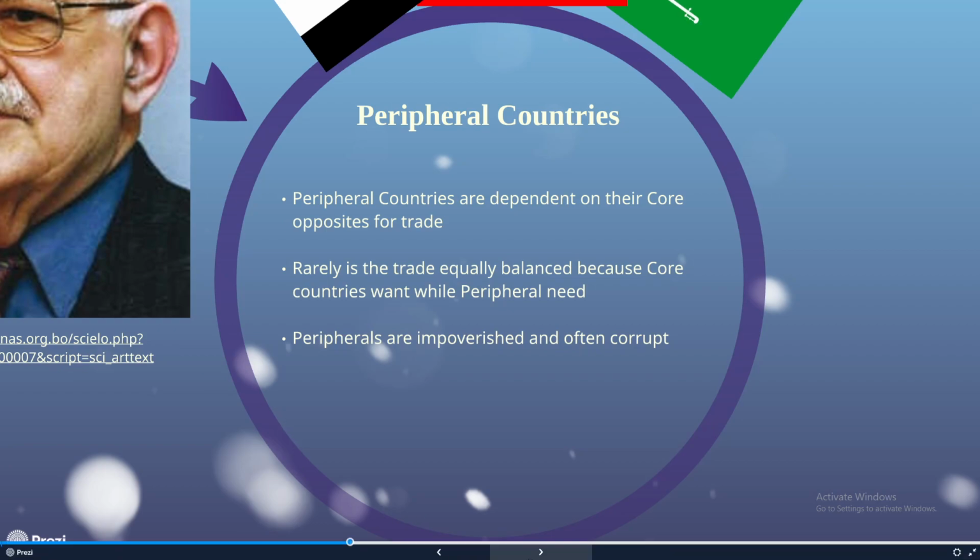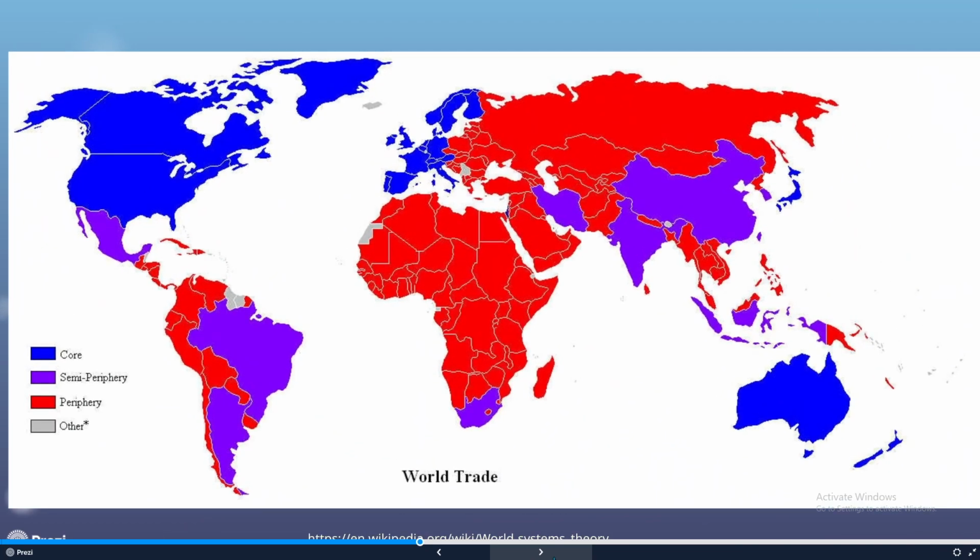Okay? We can see our core, semi-periphery, and periphery here. Again, this is a slightly old map. There are a few countries that you would say have likely moved from that periphery stage to semi-periphery. I would say Russia is a country that is semi-periphery.